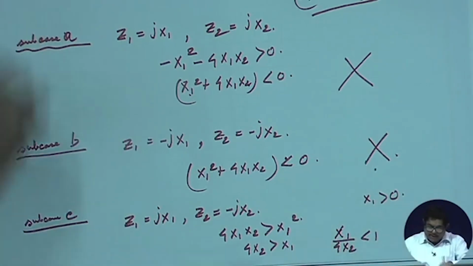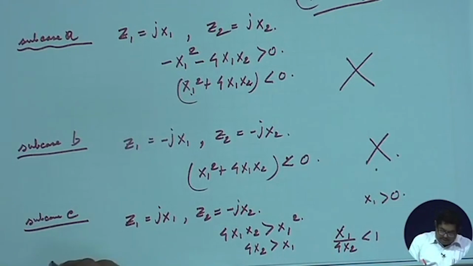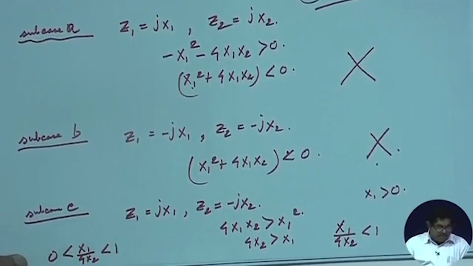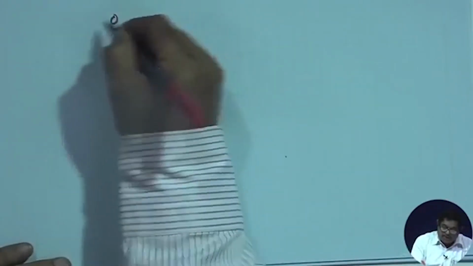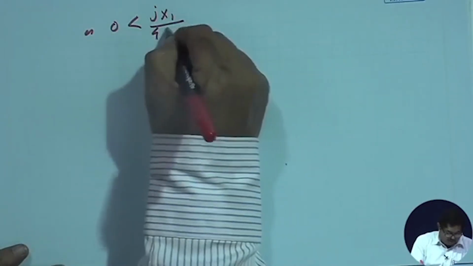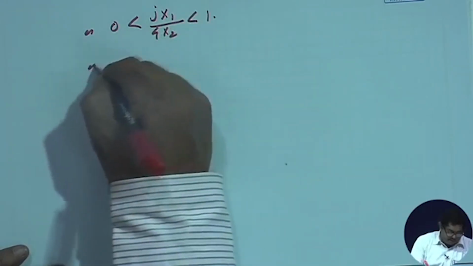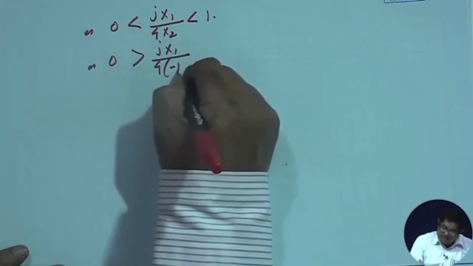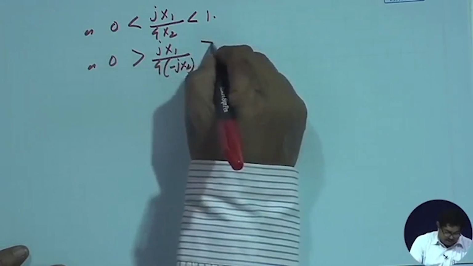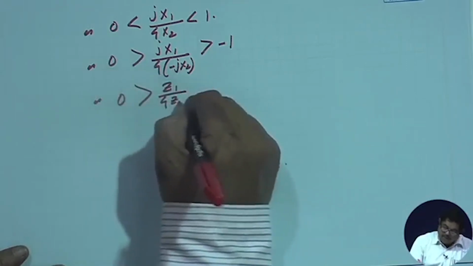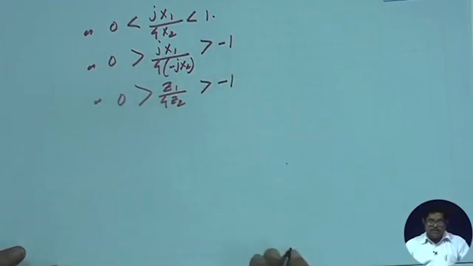So combining this, the condition is 0 less than x1 by 4x2 less than 1, or 0 less than jx1 by 4 jx2 less than 1, or 0 greater than jx1 by 4 minus jx2 greater than minus 1, or 0 greater than Z1 by 4 Z2 greater than minus 1.